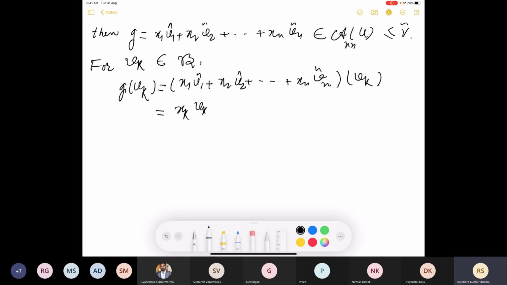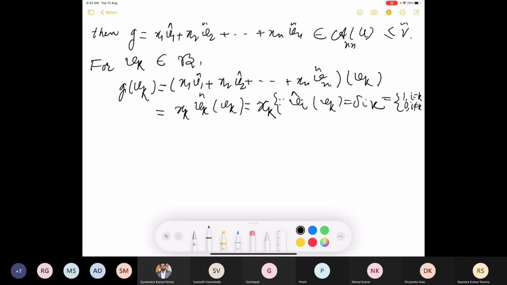This is xk vk hat on vk. So vi hat vk is delta ik, which is 1 when i and k are equal and 0 when they are distinct. vk hat over vk is 1, and therefore this is simply xk. So what we have got is that G vk is simply xk.